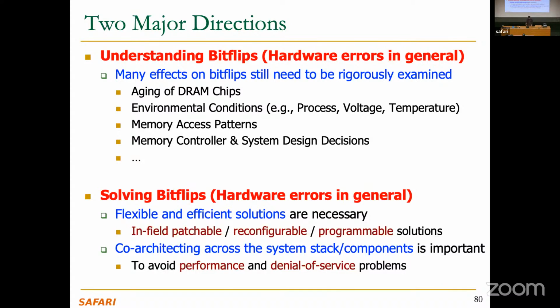And more on how we can design memory controllers and entire computing systems so we can protect against the issues caused by RowHammer. I think that concludes my part of the talk on understanding RowHammer and, let's say, hardware errors and read disturbance in general. Is there any question? Yes, please.